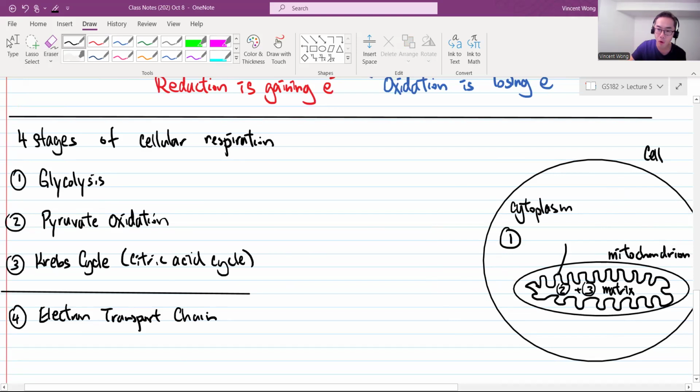And number 4 happens right there in the cristae, the foldings that you get from the inner membrane. Remember, I told you to increase surface area, the inner membrane is going to fold up, right? Like this. It's going to fold up like an accordion. So you can pack more stuff inside these finger-like projections, these foldings, they are called cristae. That's where you will find the electron transport chain.